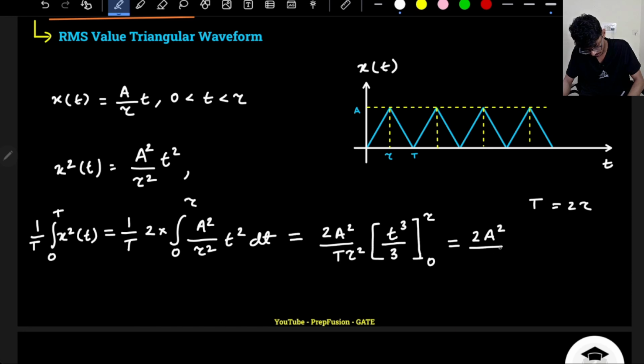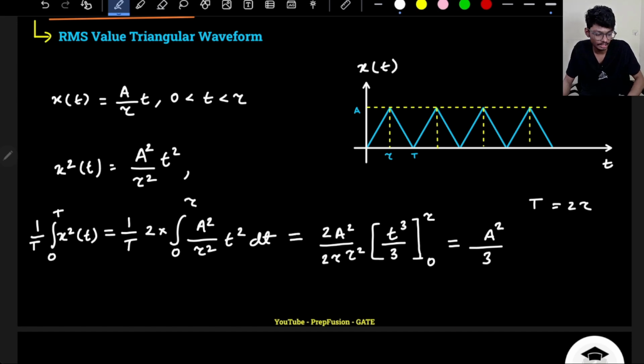This is tau square, so tau will get cancelled, and T I can replace with 2 tau. So 2 tau will get cancelled here. Ultimately this will come out to be A square divided by 3.